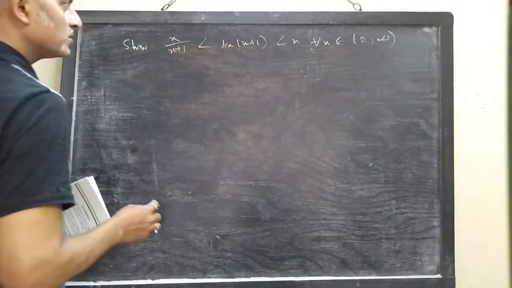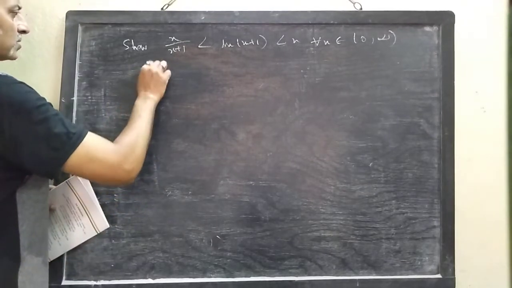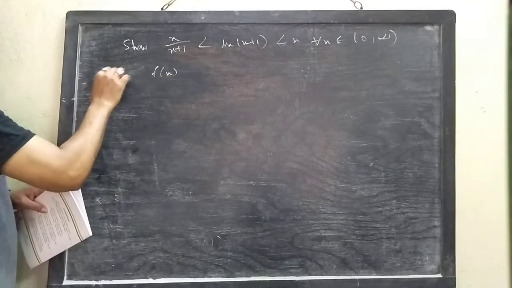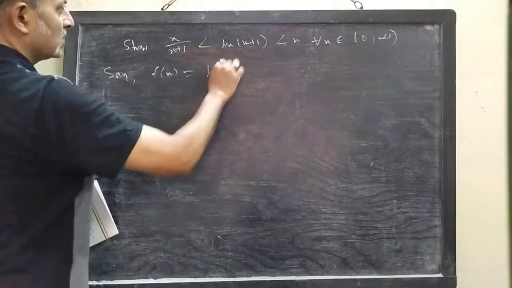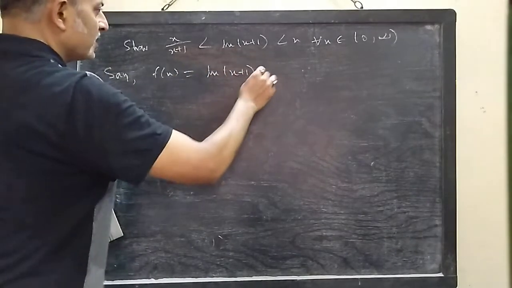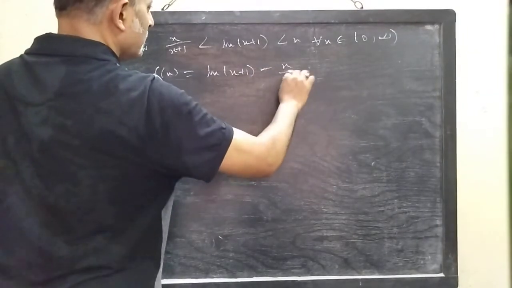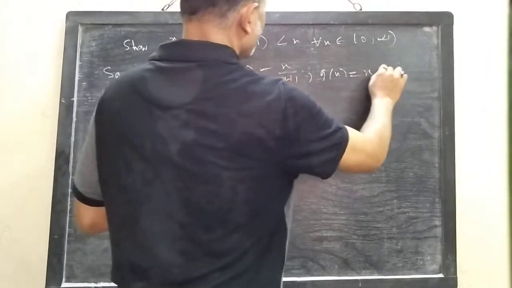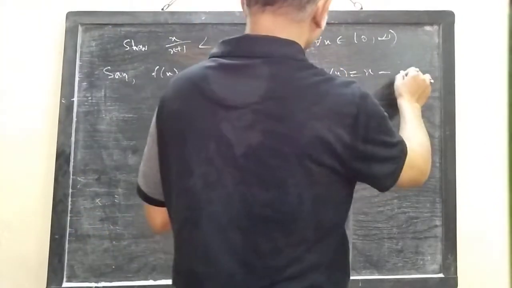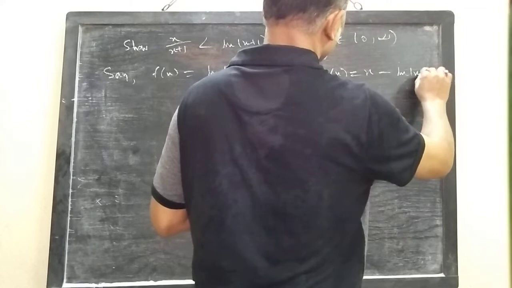For this we consider two functions. Say f x equals this minus this, that is ln of x plus 1 minus x by x plus 1, and g x equals this minus this, x minus ln of x plus 1.